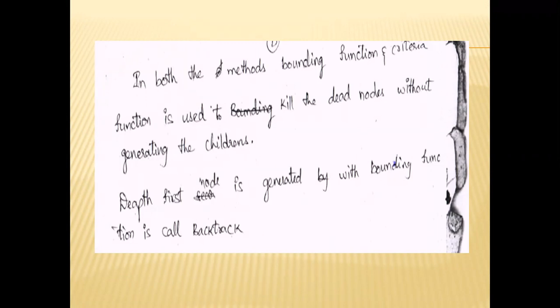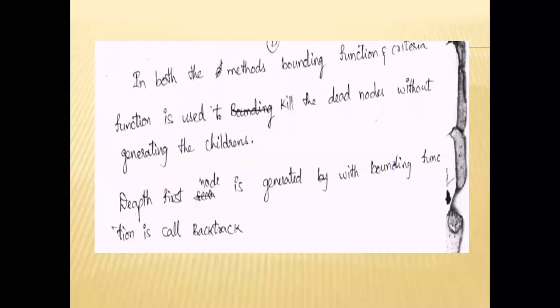In these two methods, the live node is killed, that is, the live node is killed by using the criteria function and bounding function.